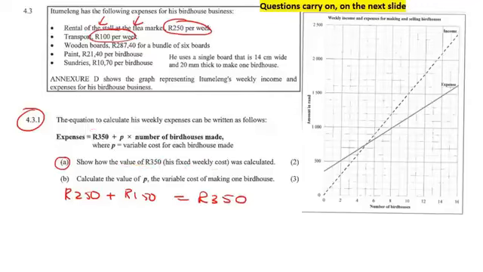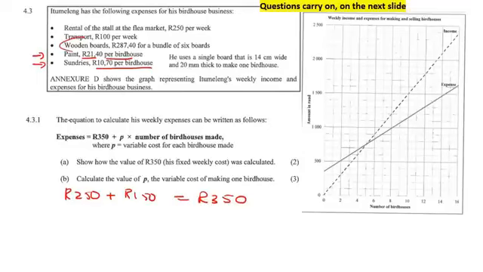The next one: calculate the value of P, which is the variable cost to make 1 birdhouse. To make a birdhouse, he needs paint, and that's how much he would use per birdhouse. He needs some sundries, which are extras, at 10 Rand 70 per birdhouse. He also needs wood, but here we have to be careful.